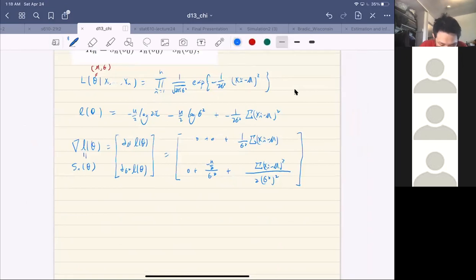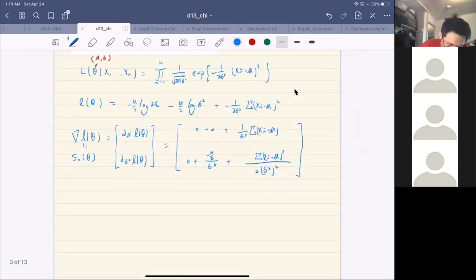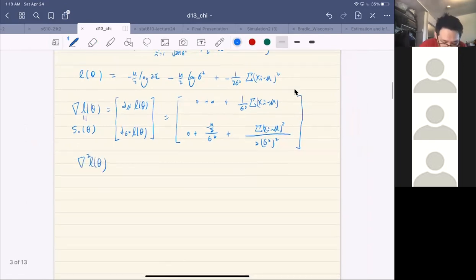Okay, let's figure out what the I theta is. This is a two by two matrix. Taking this derivative with respect to mu, we get negative n over sigma squared.